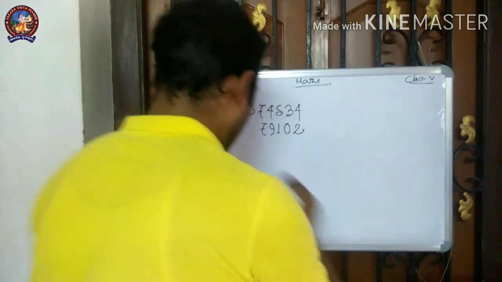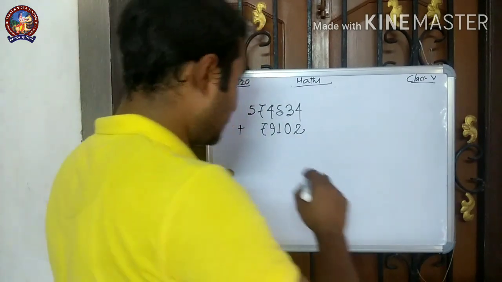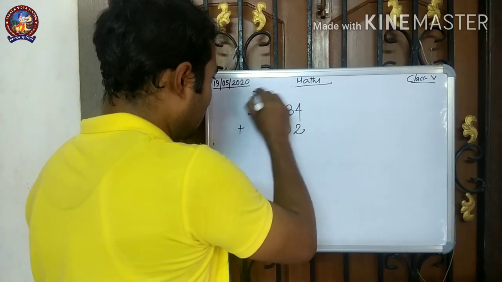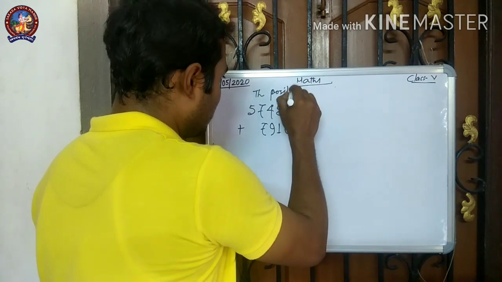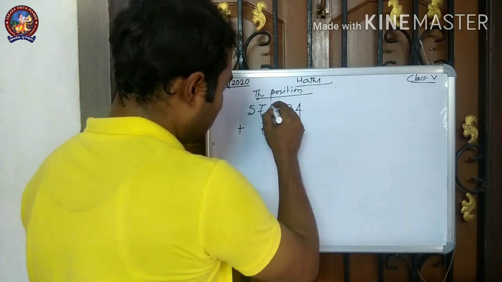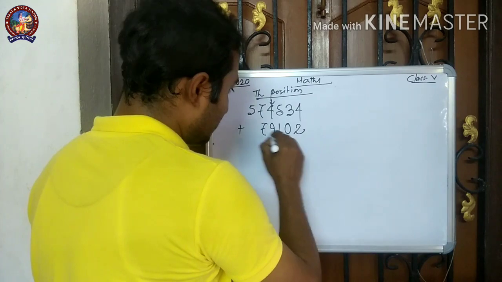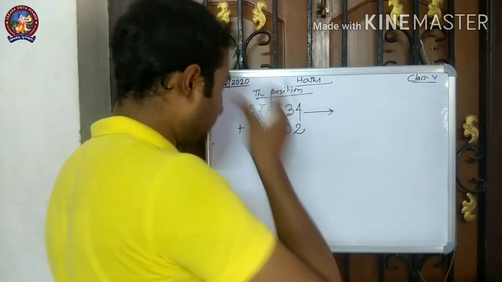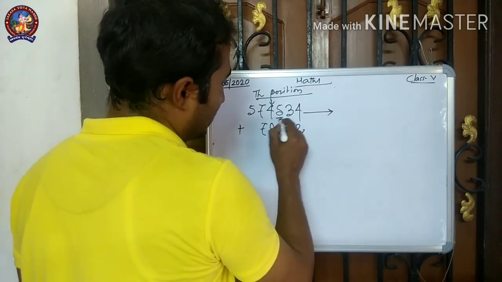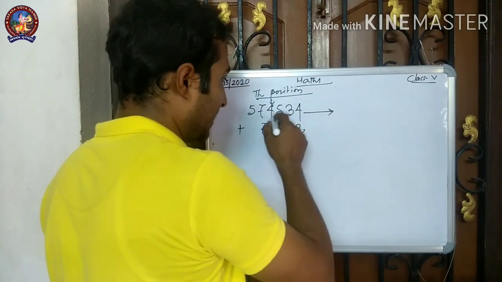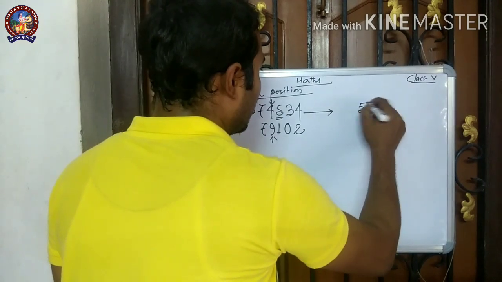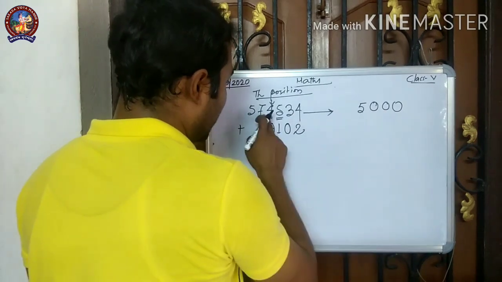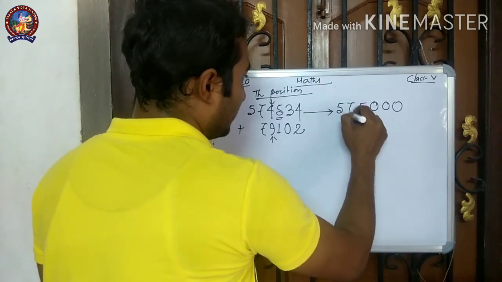These two numbers we have to add, and it is mentioned that we estimate the sum at the thousandth position. So we have to look at the next digit. The next digit is 5, so 1 will be added here. So 4 becomes 5, and these 3 digits become 0, and the previous 2 digits remain the same, 57.